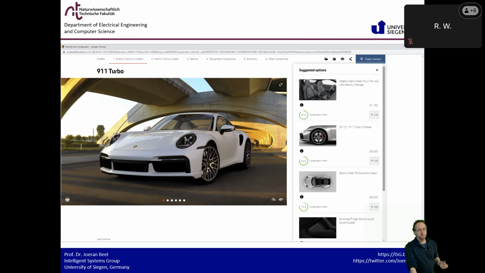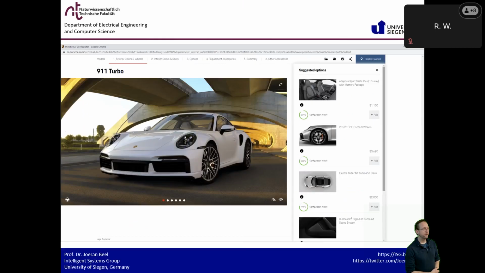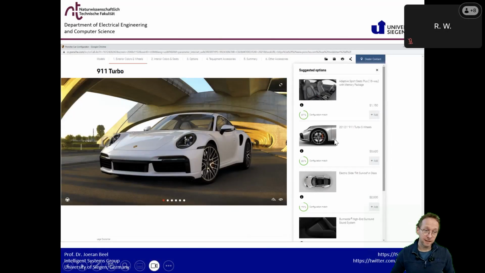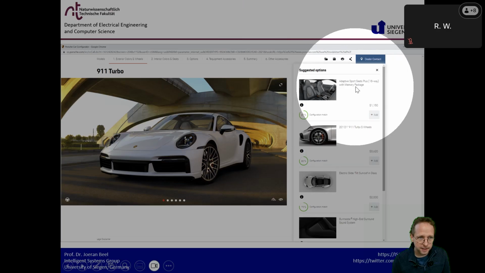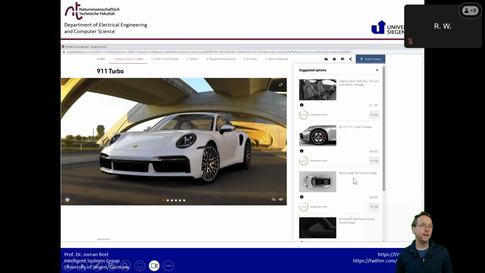It implies that if you give 90% accuracy in a recommender system, in 90% of all cases the users like the recommendation or maybe buy the suggested option. So I don't know if that's what it is. Maybe people buy 90% of this. I mean, I don't buy a Porsche, but maybe people who have so much money that they can buy a Porsche always take adaptive sports seats and always the Turbo S wheels and the electric slide.